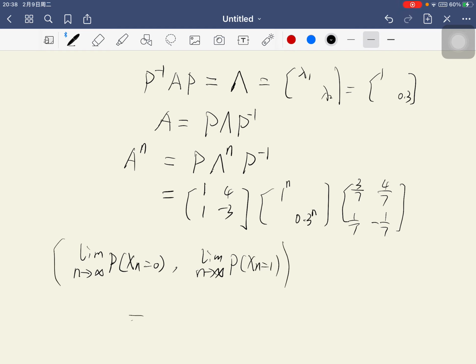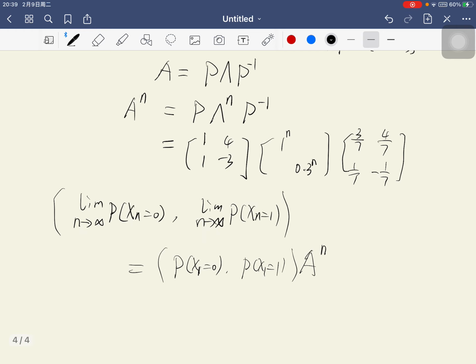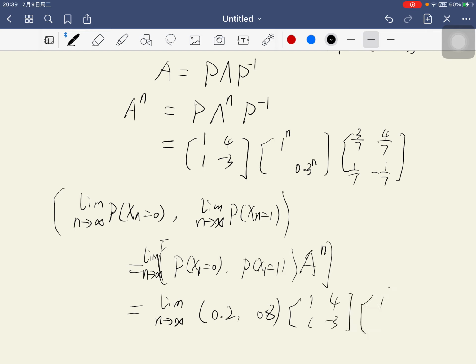The matrix of the probability of x1 equals 0 and the probability of x1 equals 1, times A to the power of n, is equal to the limit as n goes to infinity of 0.2 and 0.8 times 1 1, 4 minus 3, times 1 and 0.3 to the power of n, times the inverse matrix.